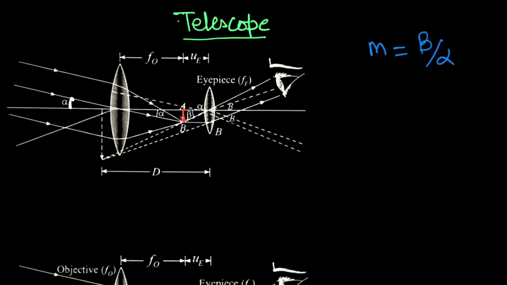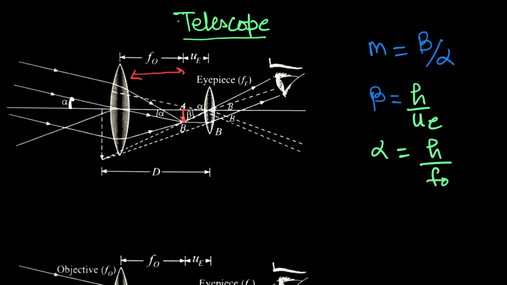So we can write beta is equal to H divided by UE, and alpha is equal to H divided by FO, because the image formed by the first lens is at distance FO. This angle is beta, this distance is UE, and this one is H. So beta is equal to H divided by UE.